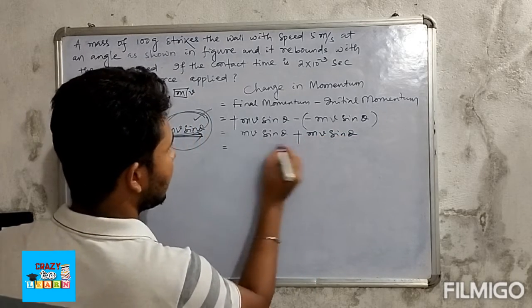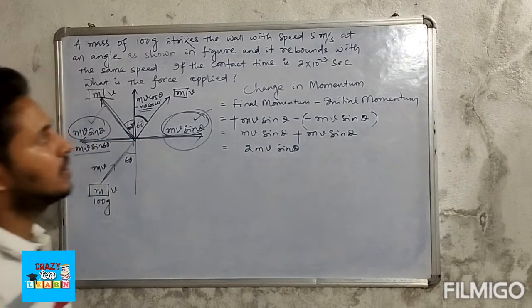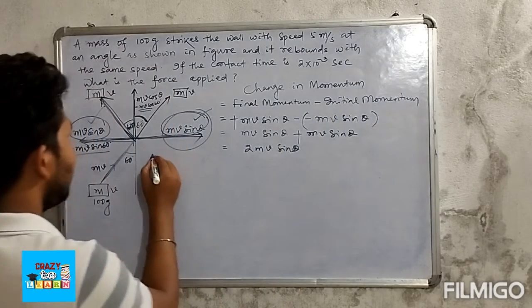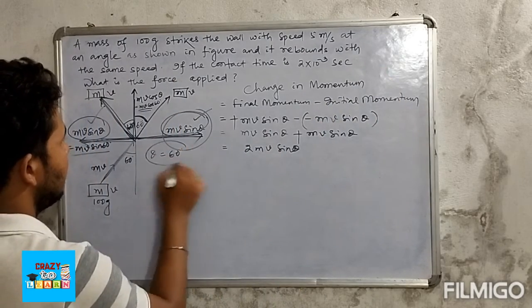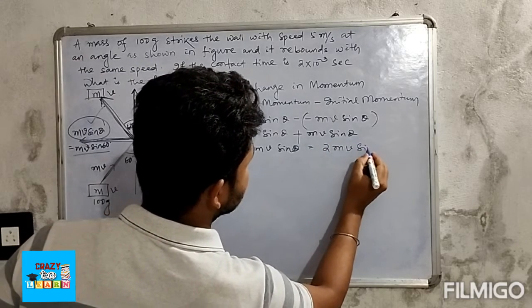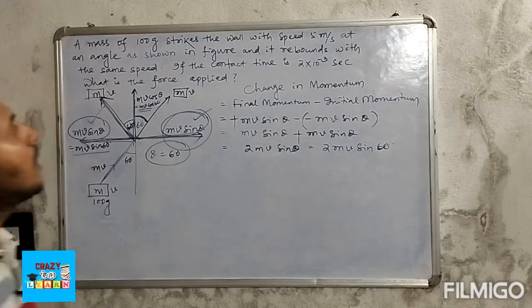So what are we getting here? 2mv sin theta. And what is theta here? Here theta is 60 degrees. So it is 2mv sin 60 degrees.